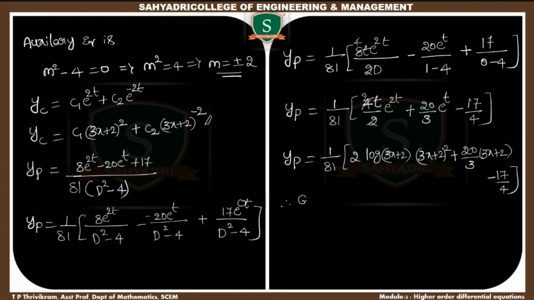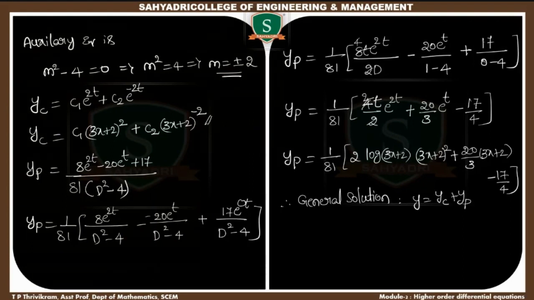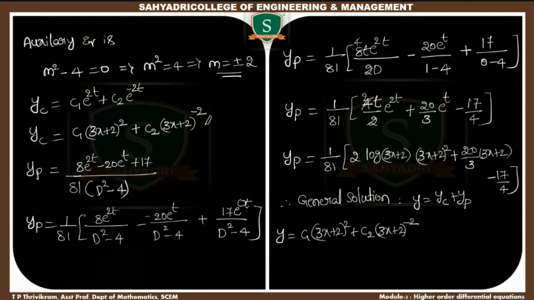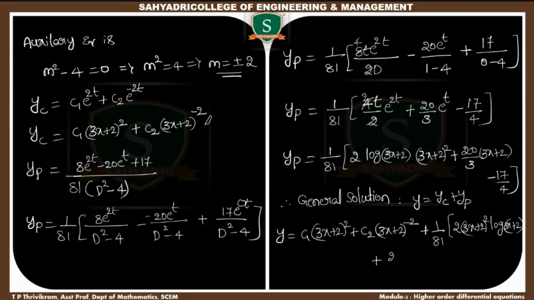So therefore, general solution. Y is equal to yc plus yp, which is nothing but y is equal to yc. c1 3x plus 2 whole square plus c2 3x plus 2 whole power minus 2, okay, plus 1 divided by 81 into 2 3x plus 2 whole square log 3x plus 2 plus 20 by 3 3x plus 2 minus 17 by 4.